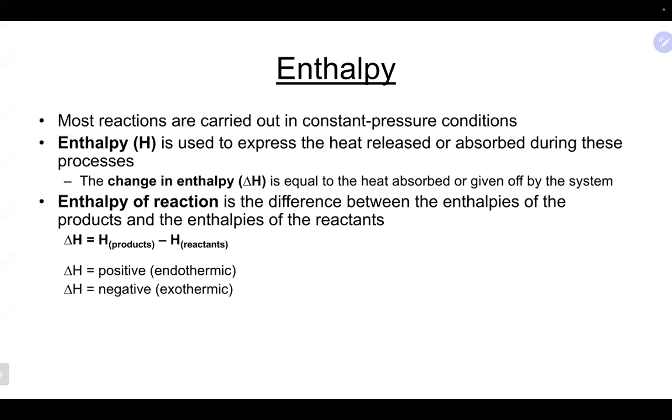As I mentioned before, in terms of determining whether or not something is exothermic or endothermic, the actual numerical value is not that important. It really is just the sign that you would be looking for to make that determination. The way that we calculate it is we take the delta H of the products minus the delta H of the reactants. And to do that, a lot of times there's a table in the back of the book that has a bunch of delta H values.